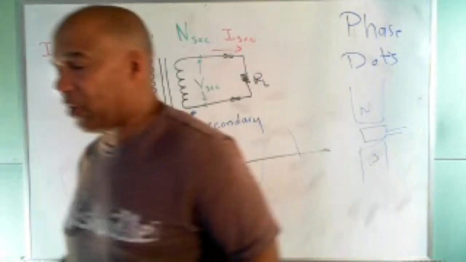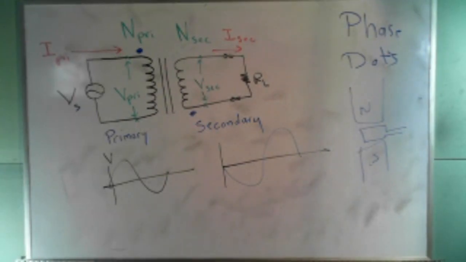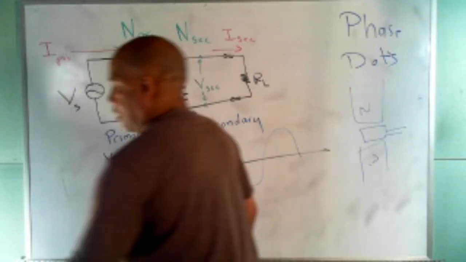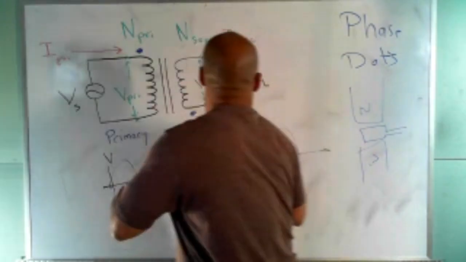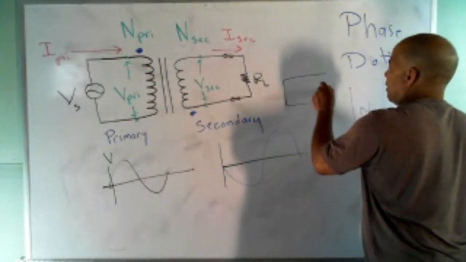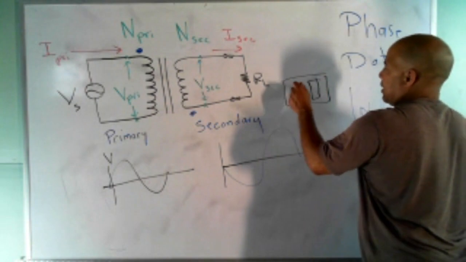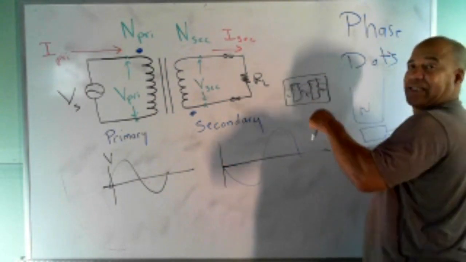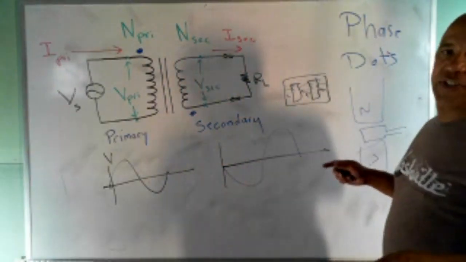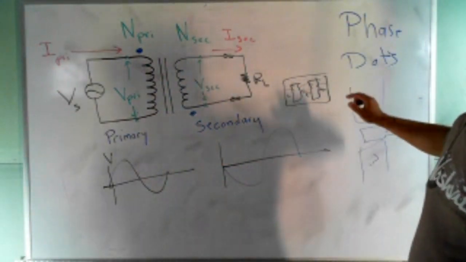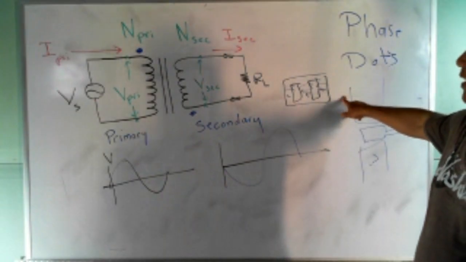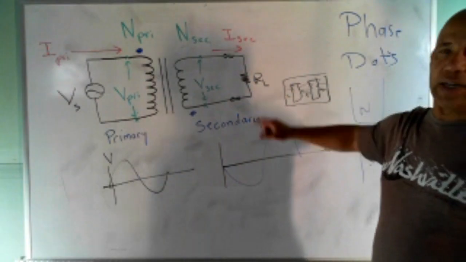Like one way they do it, they'll take the core and they'll cut it like a space here and a space here, and you can wind it here and wind it there, or wind it here and put the secondary over it. There's a lot of different ways they're wound. I'm not an expert at that, so don't ask me, but this is just kind of the basic theory I'm trying to give you.